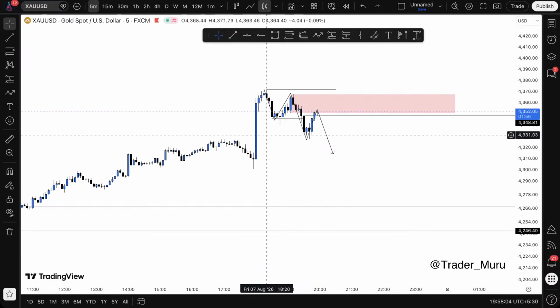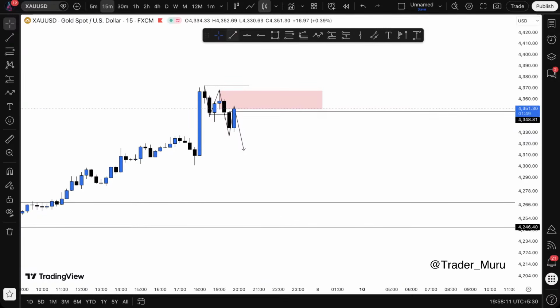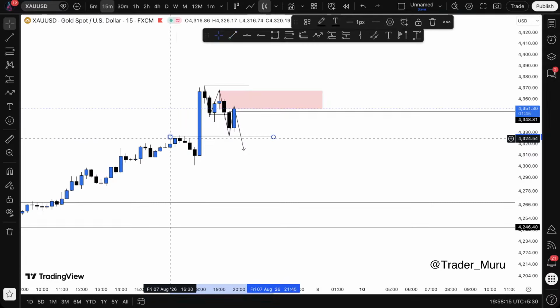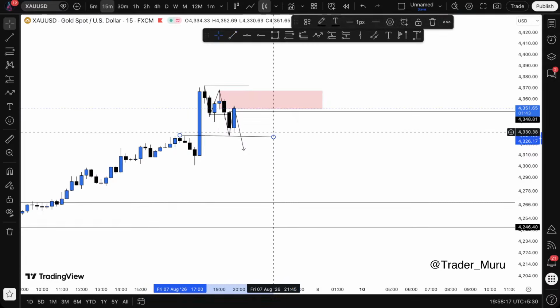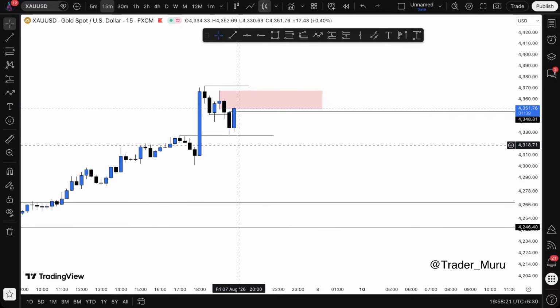Our first priority will be this one, the internal structure. Major structure is still bullish. We have a breakout structure creating higher highs and higher lows.